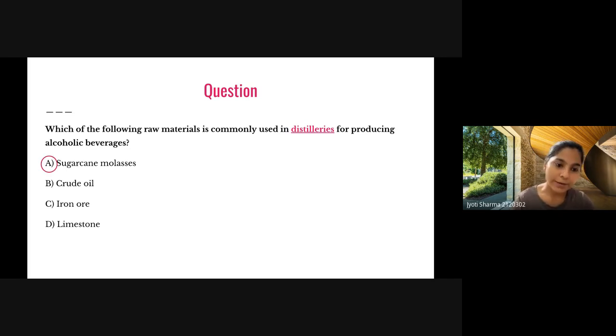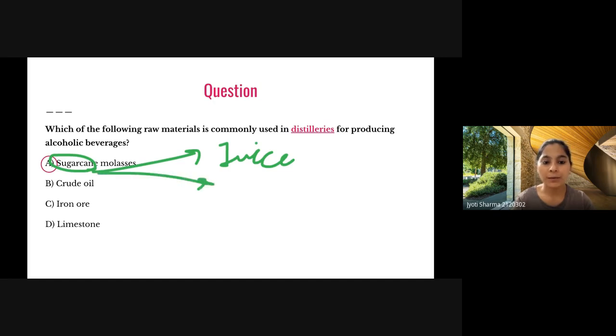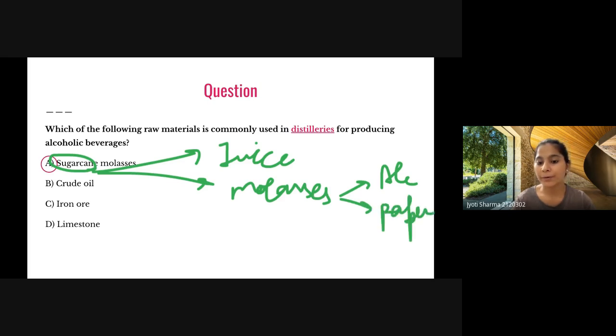Whenever we have the sugarcane, we extract the juice, and the remaining part is known as molasses. This molasses can be used to produce alcohol and even to manufacture paper.